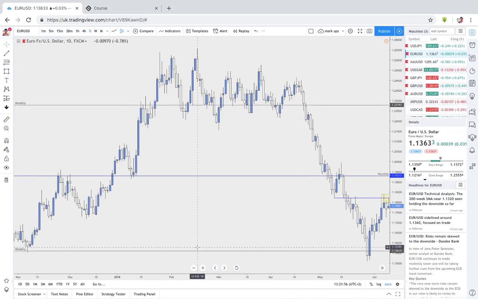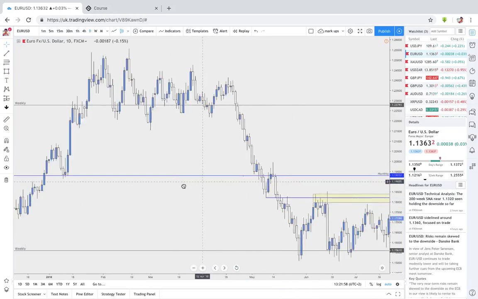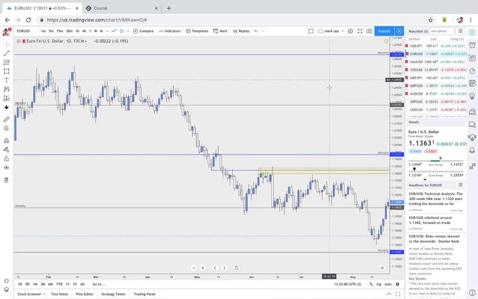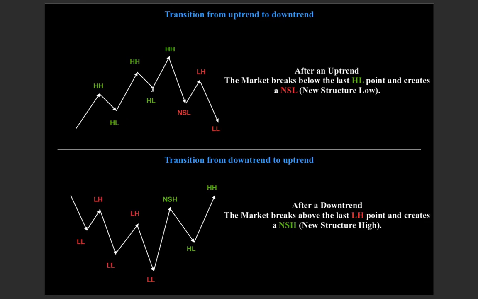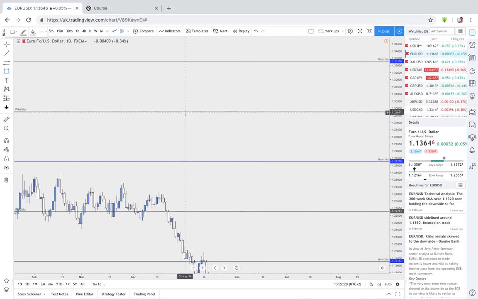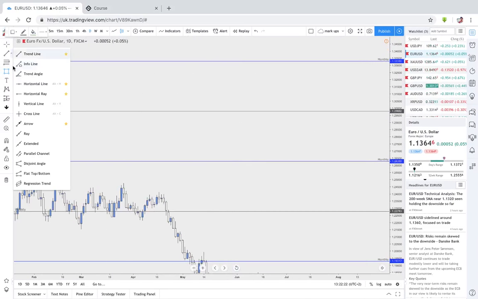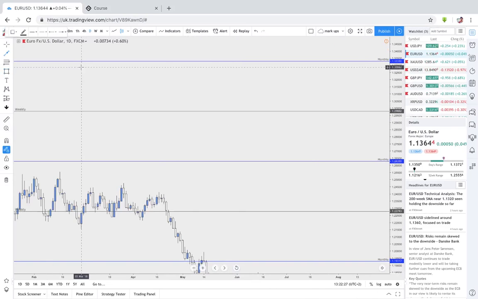Now, just to get into this quickly, let's say the market broke down past a certain level. Let's say this level here was our previous lower high point. Okay, so let's go and have a look. Let's say this was our lower high point over there, that line. Then let me just draw this out quickly.